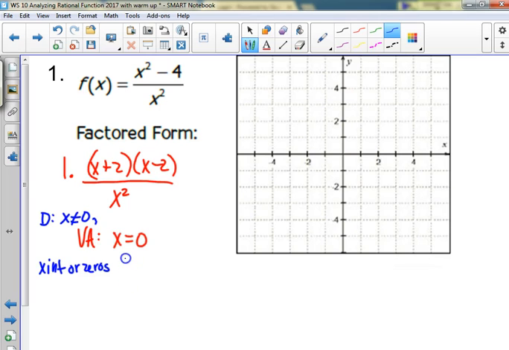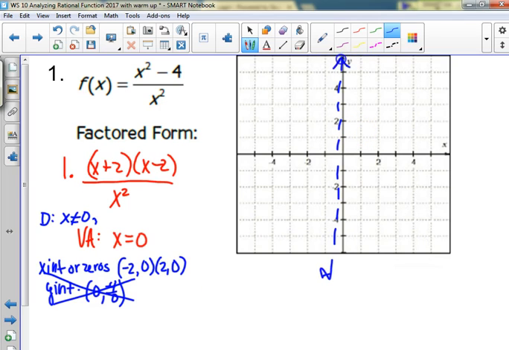So we'll get what? Yep. Okay. And the y-intercept is when we put in a 0. Go back to the original one. What happens? Can we put in a 0? We get -4 over 0, which is none, because it already has an asymptote there, yes?